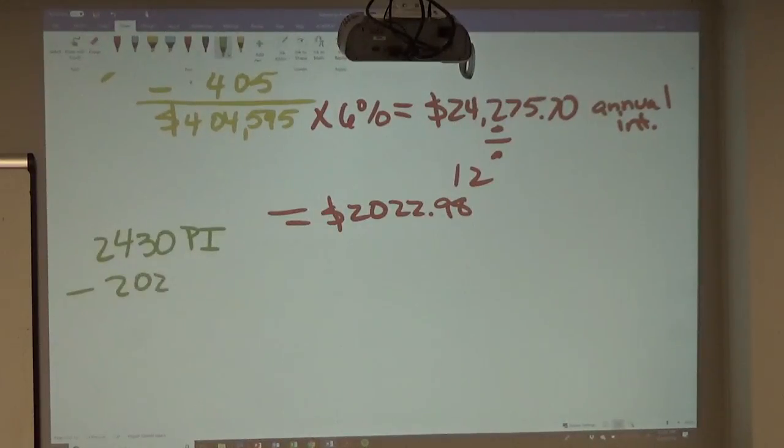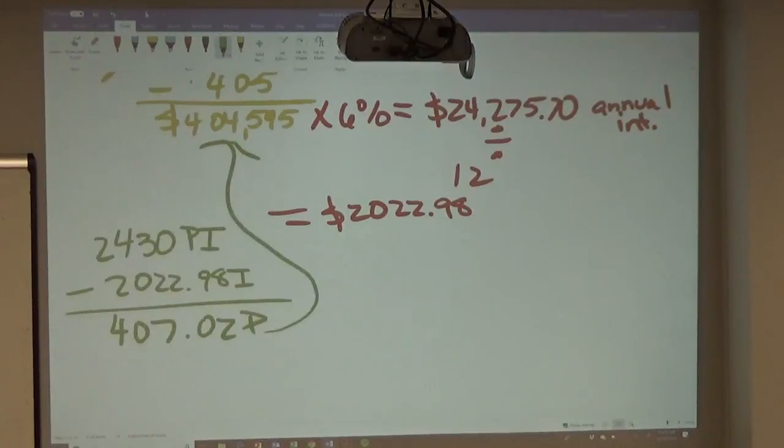So $2,022.98 in interest is paid first, and that leaves $407.02 going toward principal.